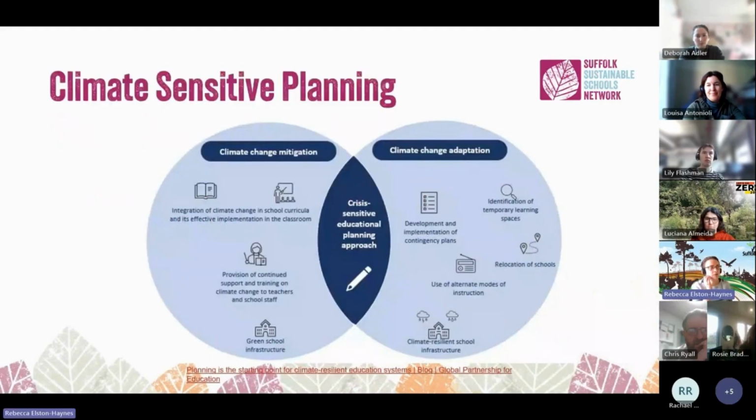Okay, so here's some examples of mitigation and adaptation in school specifically. Just in terms of mitigation, we want to think about climate change. We want to make sure it's embedded into our curriculum. It is difficult with the current national curriculum, but that is seeing a review. But there is flexibility within curriculum to make climate change more accessible for our students to discuss and to understand.